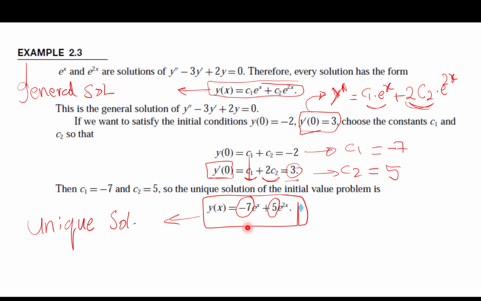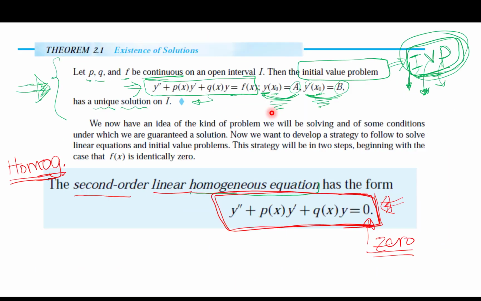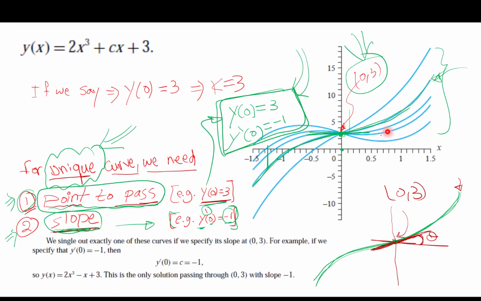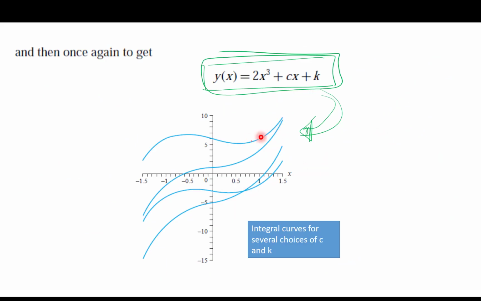It is one single curve we have selected out of the multiple curves that we have drawn. This general solution would give us multiple curves. If you remember, if I go back here, this is the general solutions.